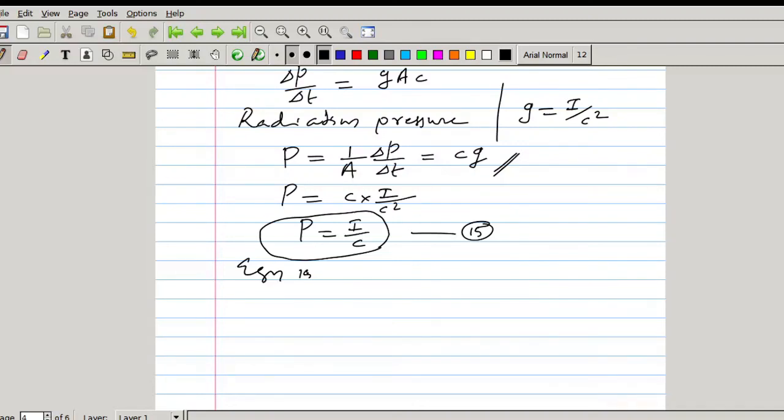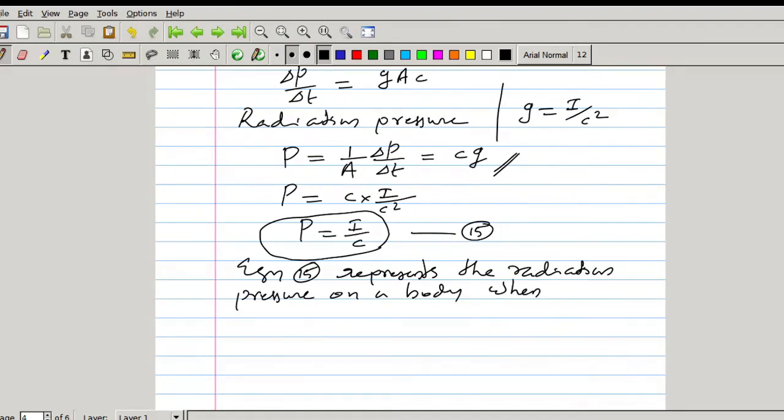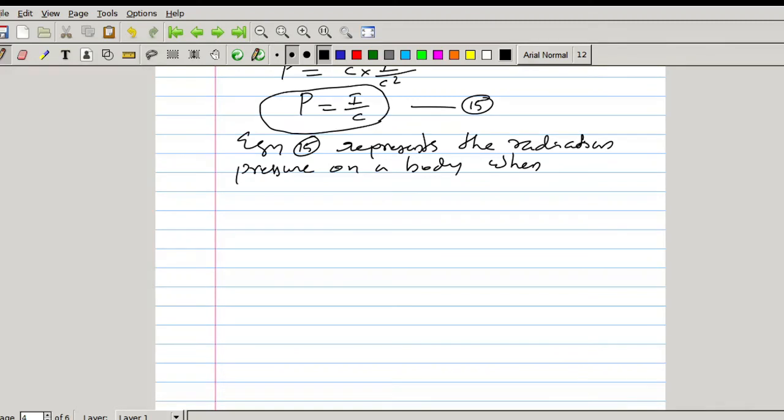Equation 15 represents the radiation pressure on a body when the electromagnetic wave is completely absorbed.